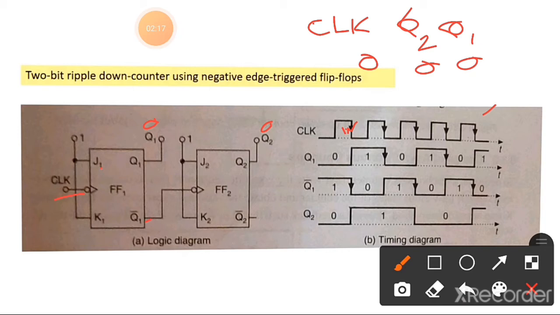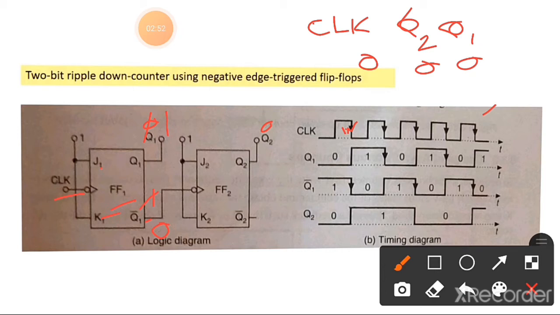If the first flip-flop is toggled, Q1 goes from 0 to 1. What will happen to Q1 dash? If Q1 is 1, then Q1 dash will be 0. So it is going from 1 to 0.